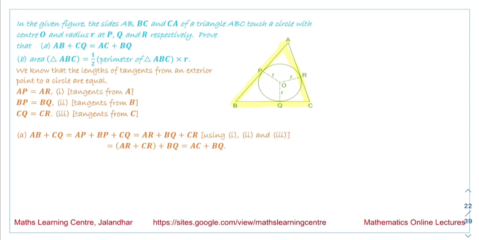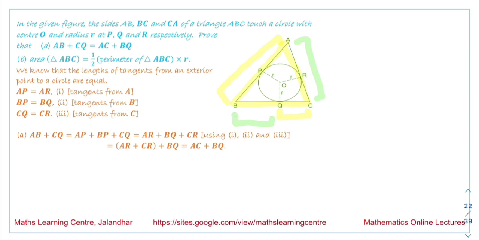We have to prove that AB plus CQ is equal to AC plus BQ, and that the area of triangle ABC is equal to half the perimeter of triangle ABC into R.